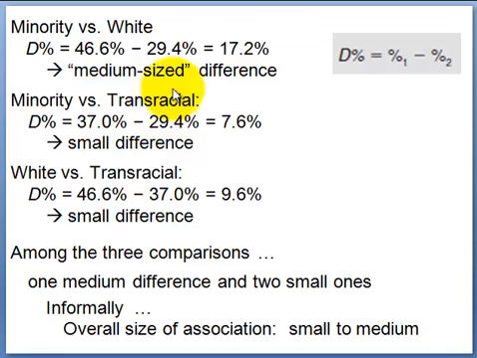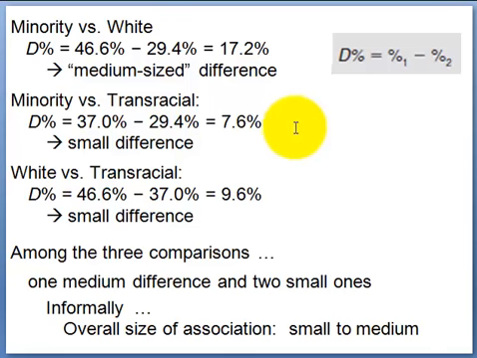So, referencing back, and I'll just speak again informally, this difference of 17 percentage points, our table of qualitative descriptors said about 18% is medium-sized association. So there's a medium-sized difference in percentages for this comparison. And then our qualitative descriptors table suggested that about 7% conveyed a small or weak size of association.